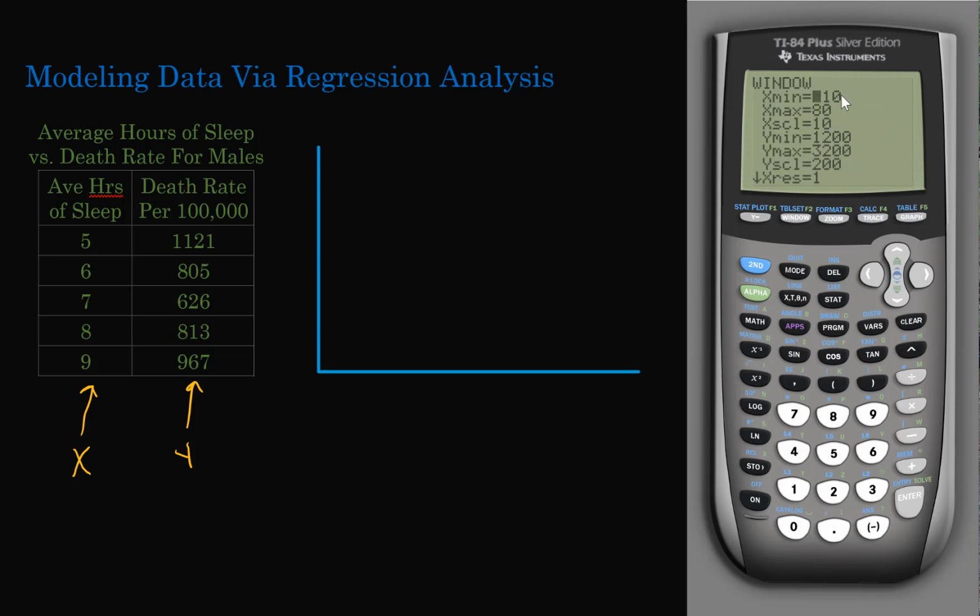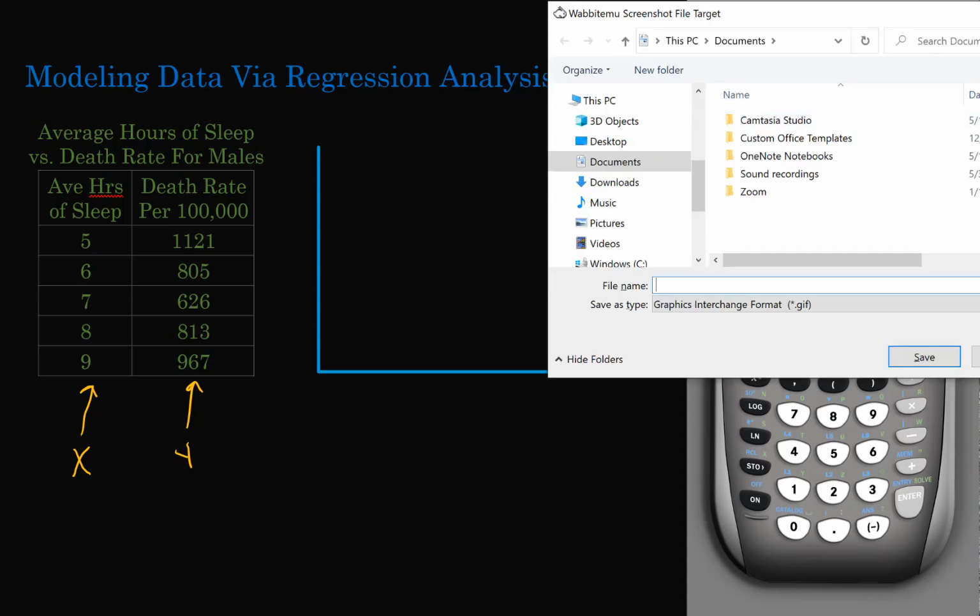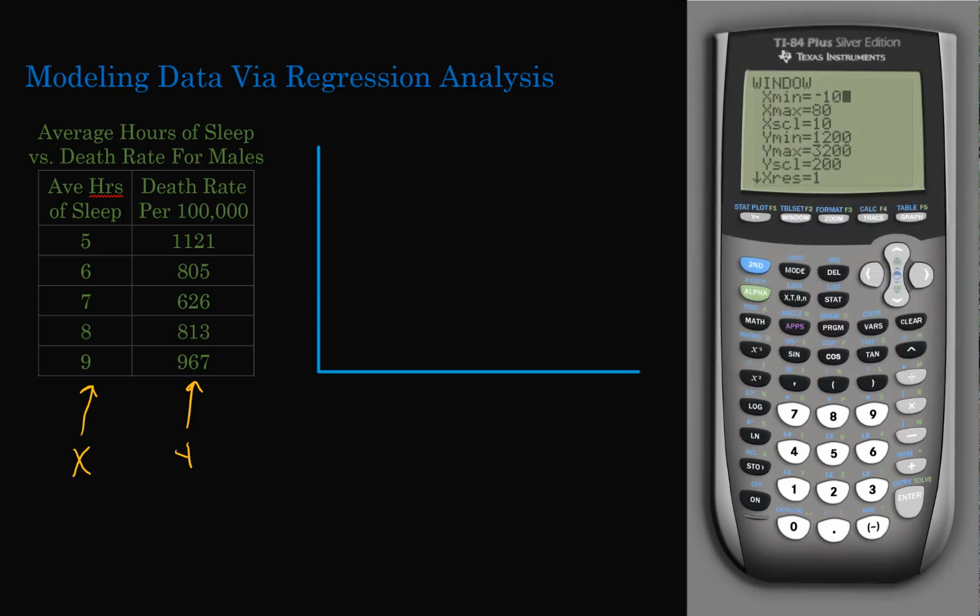In this case, I'm going to move my minimum to say maybe a -3 or -4. Let's do -4. And then I'm going to set my maximum at 10. So I've got a little space there.